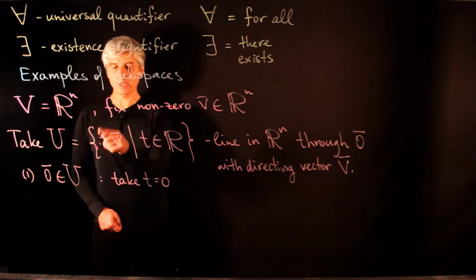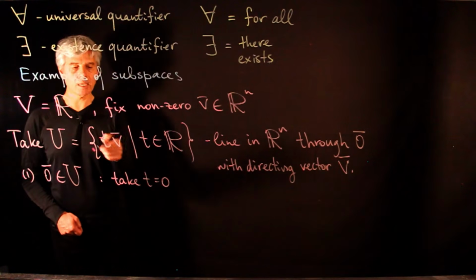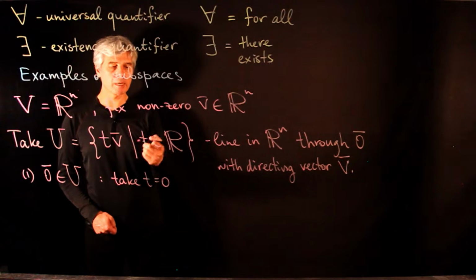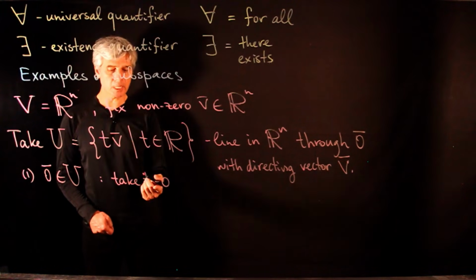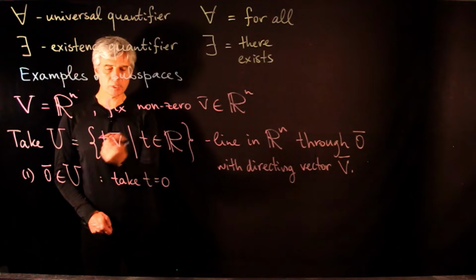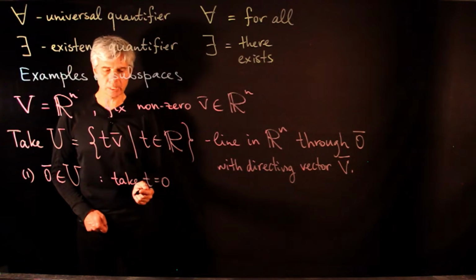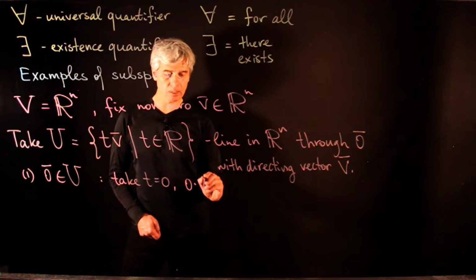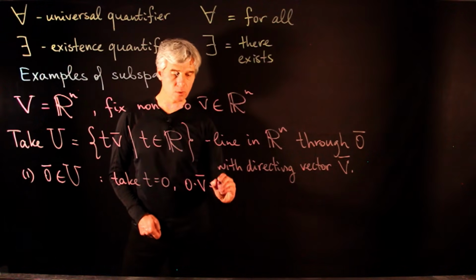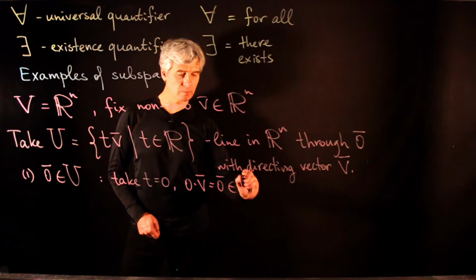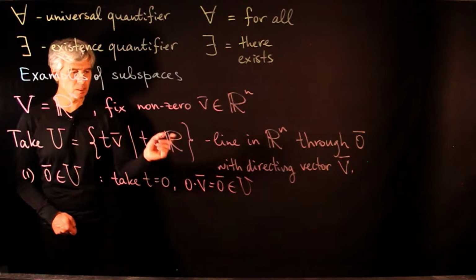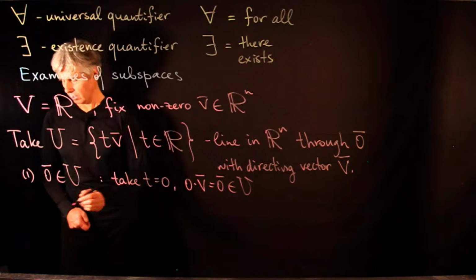So we take multiples of v for all real t, and in particular, one of the elements of this set is when we take t equals 0. And so this tells us that 0 times v, which is the zero vector, is in our subset. And so the zero vector belongs to the subset.